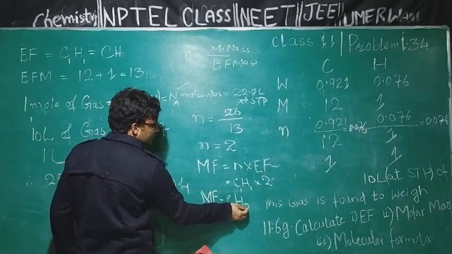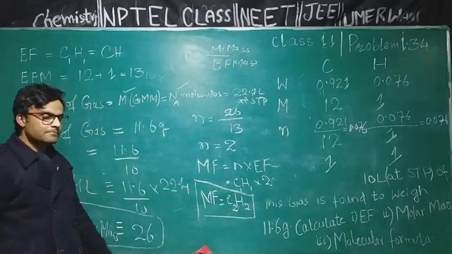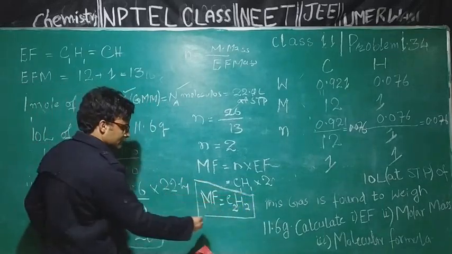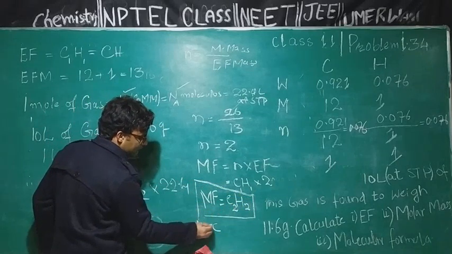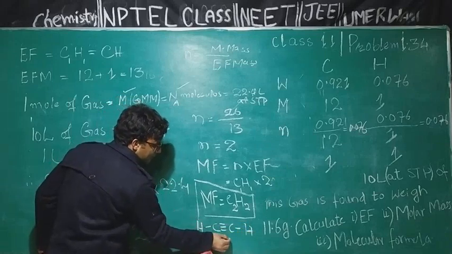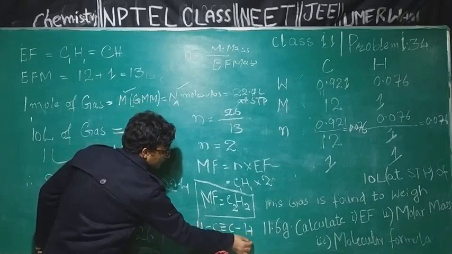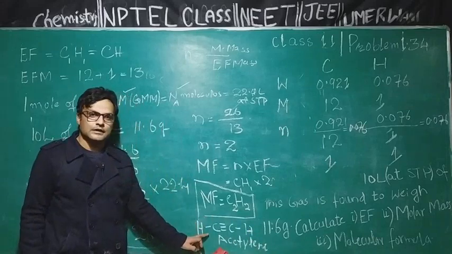Therefore the molecular formula of this compound is C2H2, and C2H2 is nothing but acetylene gas. C, single bond H, triple bond C, single bond H. It is called acetylene. The natural state of acetylene is gas.